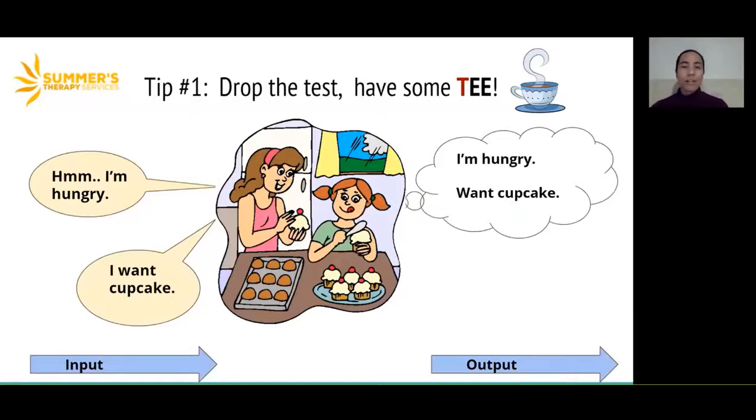If we change it around and give them language models instead, I'm hungry, and then they see you say, I want a cupcake, and then you take the cupcake. Here they're seeing the input of you visually taking the cupcake and you saying, I'm hungry, I want a cupcake. And then they are thinking, oh, the next time I'm in this situation, I can say, I'm hungry, I want a cupcake.